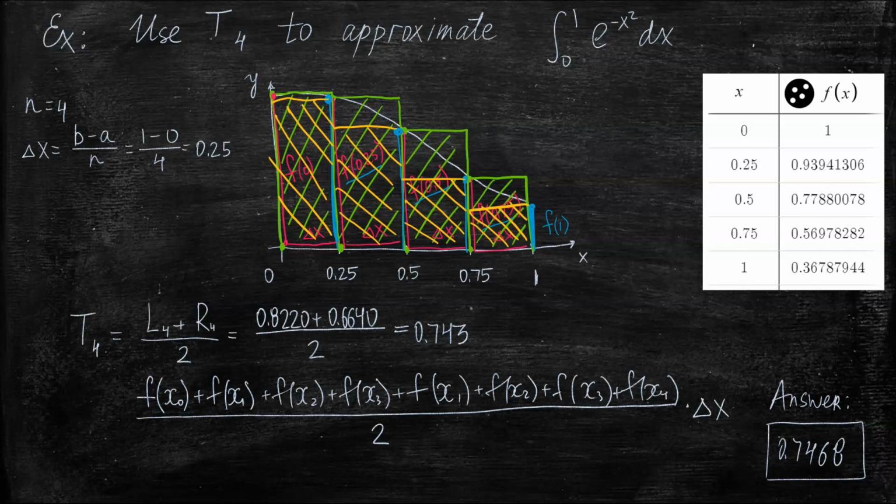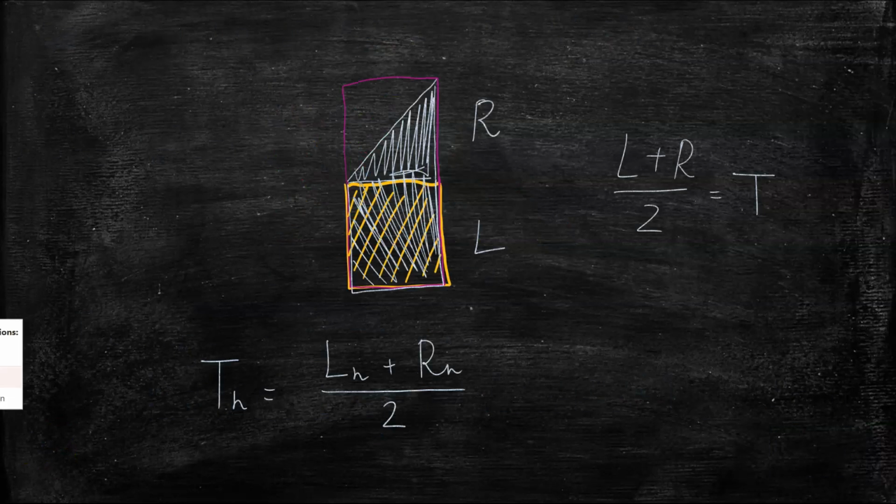Frequently we shorten this notation and write the formula for T. Let me write it first for T4.